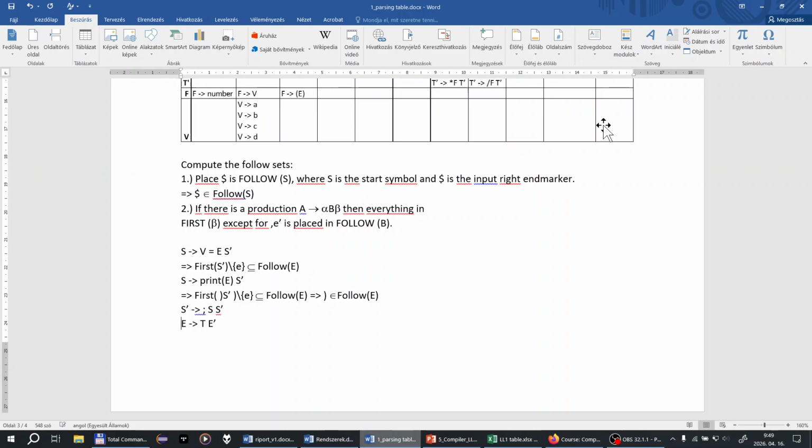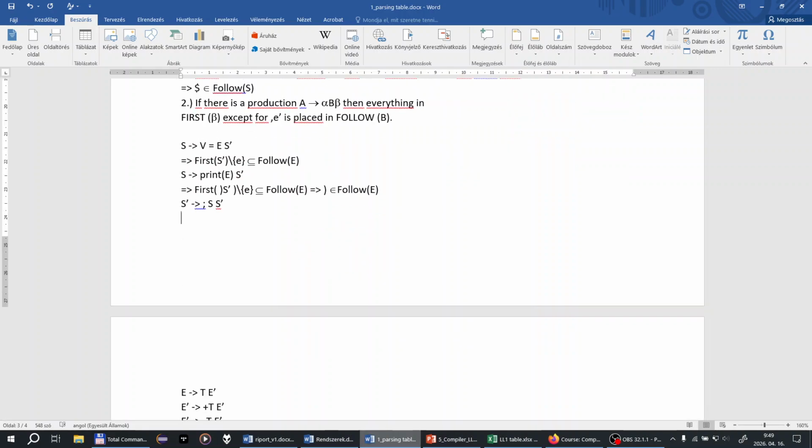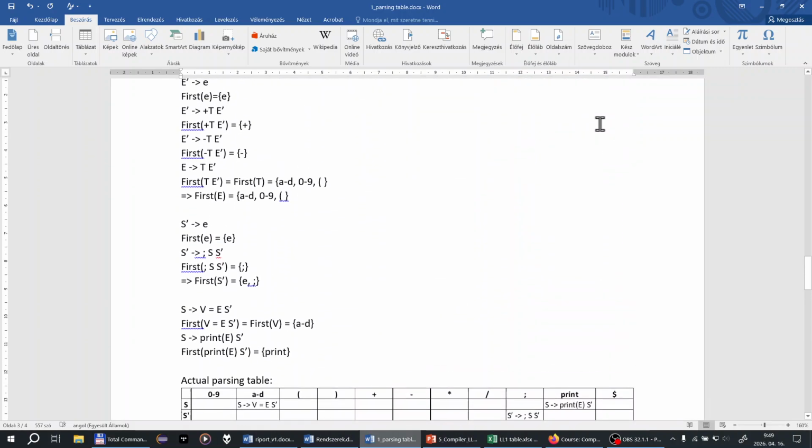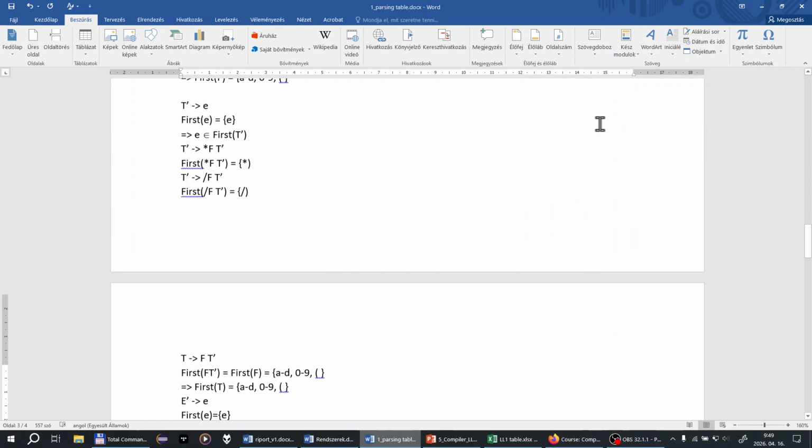Okay, what else do we have here? First of S prime minus epsilon is an element of follow S. Okay, what is the first of S prime?